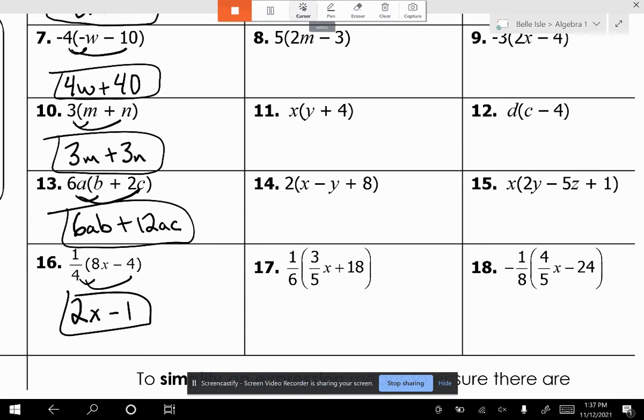So what's 8 over 4? It's a division problem. 8 over 4 is the same as 8 divided by 4. Yeah, 2. So that's where I got 2x. And you do the same thing with the 4. So you multiply 4 times 1, and so you have 4 over 4. Anything over itself is 1.